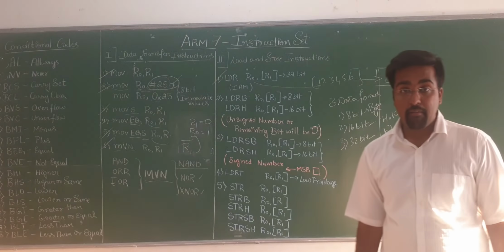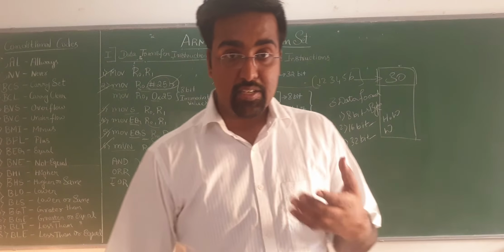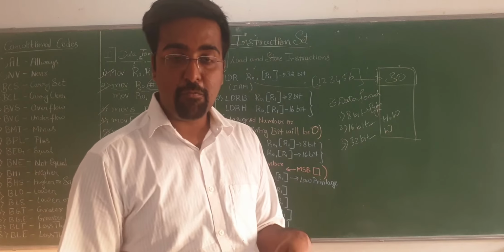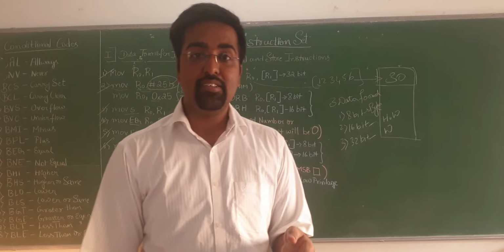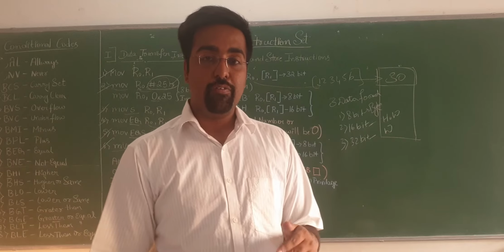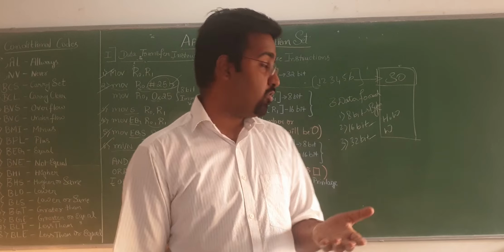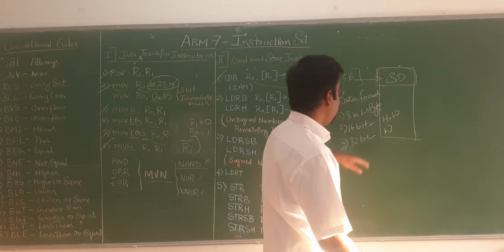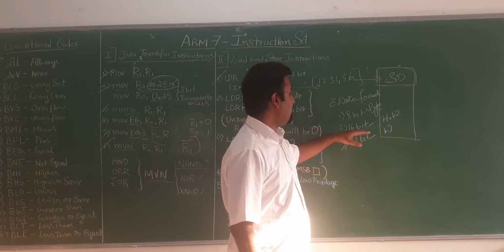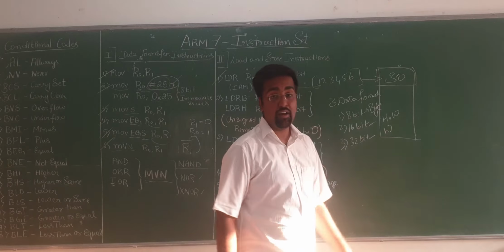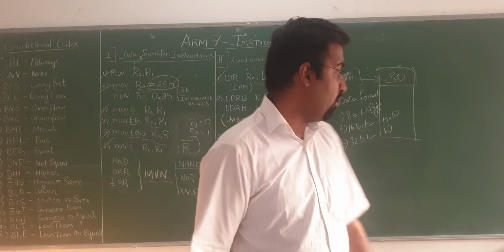So in ARM, 32-bit is a word, 16-bit is a half word, and 8-bit is a byte. Whereas in your 8086, since it is a 16-bit processor, 16-bit is a word there.